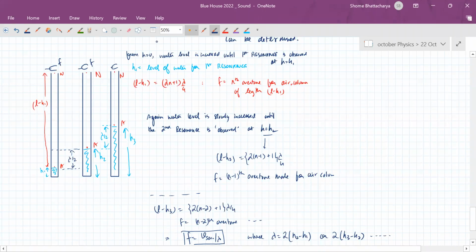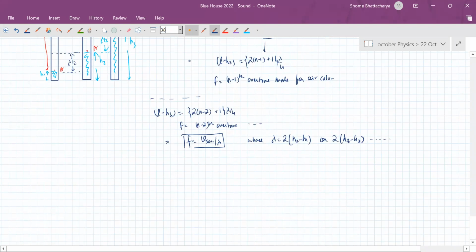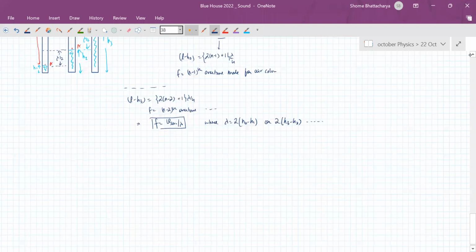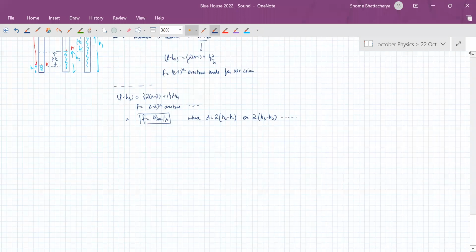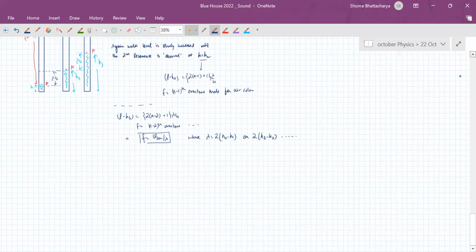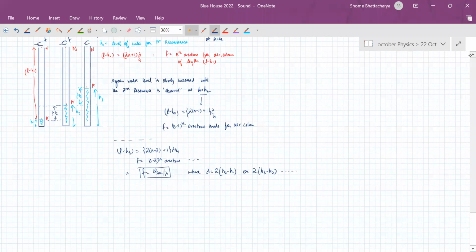So by measuring the height of the liquid columns at various different resonant modes, we can find out the value of lambda.